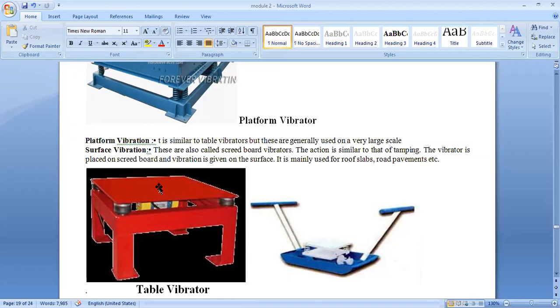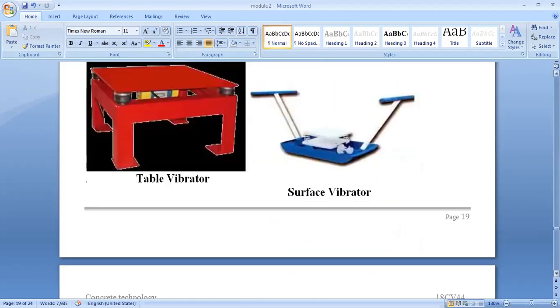Last will be the surface vibrator. These are also called springboard vibrators. The action of these is similar to tamping. The vibrator is placed on a springboard and the vibration is given on the surface. It is commonly used for road slabs, road pavements, and so on.